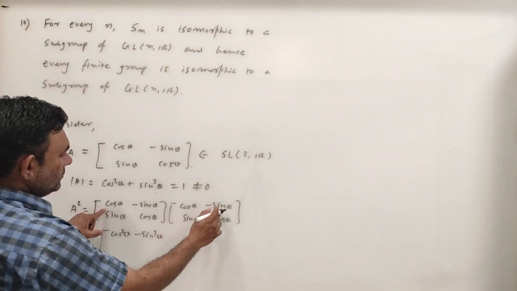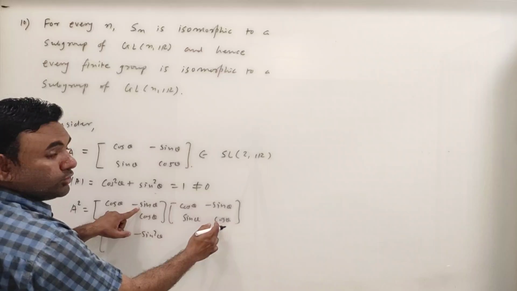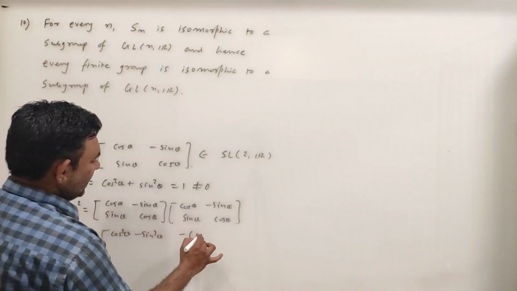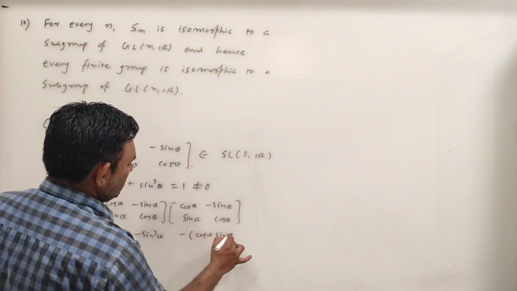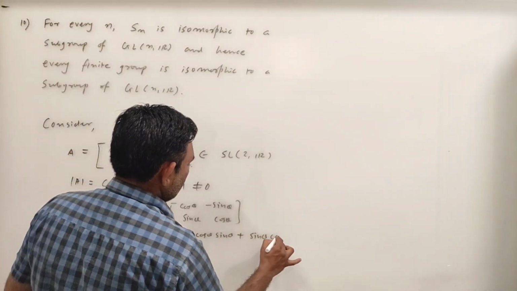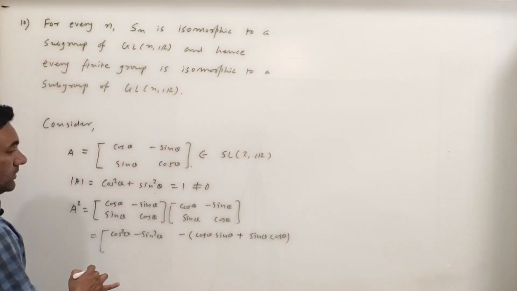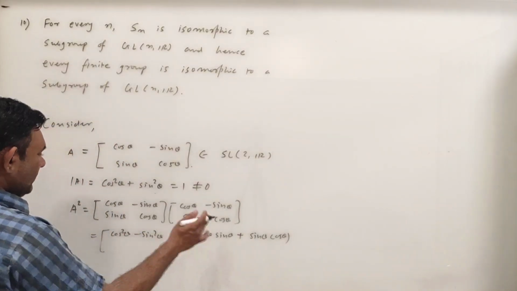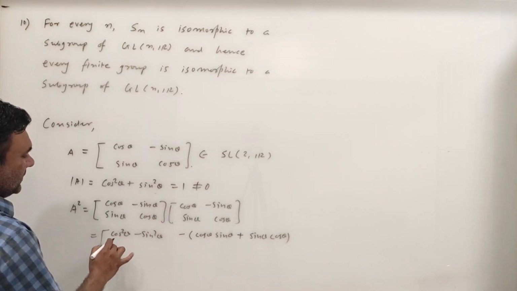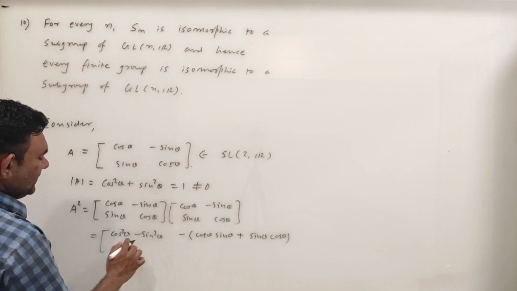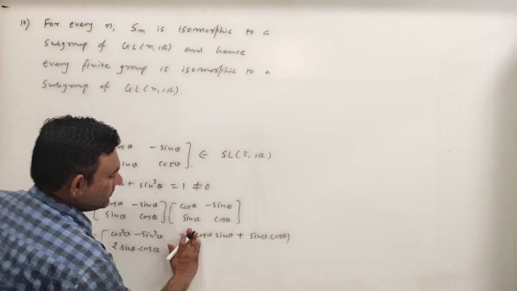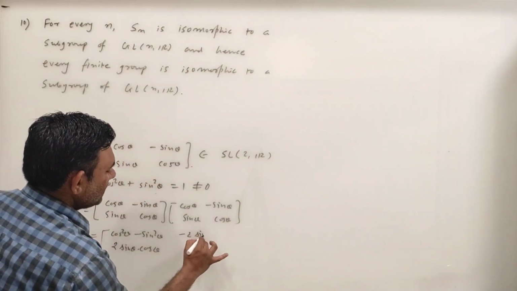In the off-diagonal entries both terms contain a minus sign, so taking it outside gives minus 2 sin theta cos theta, and similarly 2 sin theta cos theta.